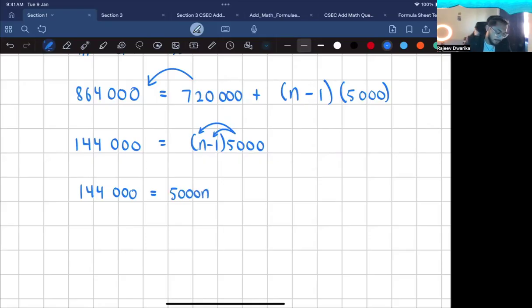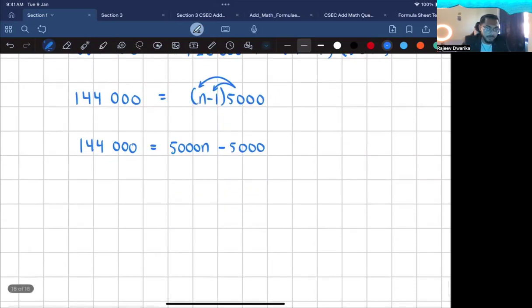And tell me what the other term would be. Minus 5,000, right? And maybe this might be looking confusing, so what you could do is swap the order. And so I could write 5,000 n minus 5,000, and you would see that that's equal to 144,000.